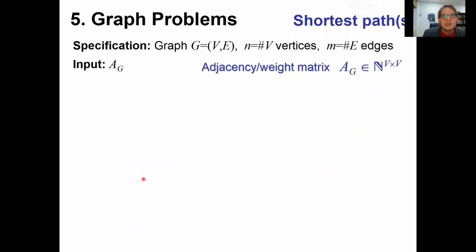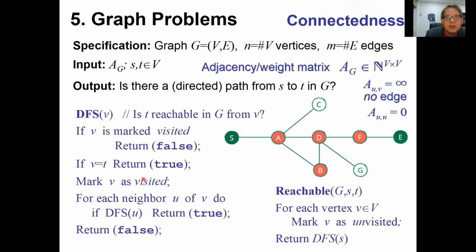Right. So moving on, that was a qualitative property, connectivity. And let me emphasize, of course, trivially, if we're not just interested in whether T can be reached from S, but in the general question whether the graph itself is connected, right? The universal property, whether from any vertex S to any vertex T, there's a path.